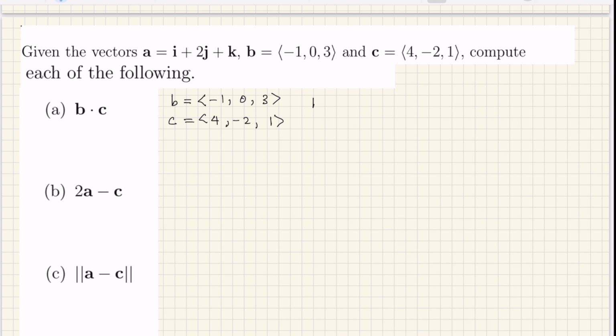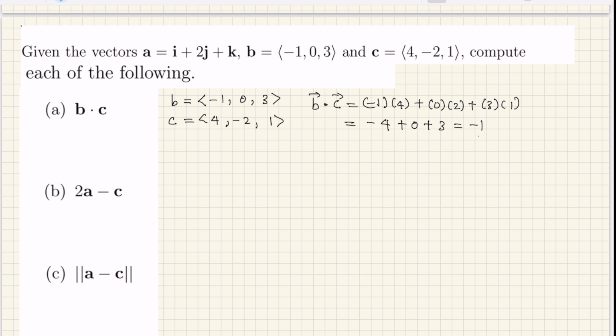The dot product of these two vectors is given by: we take -1 and multiply it by 4, then add 0 multiplied by -2, then add 3 multiplied by 1. If we simplify this, we have -4 plus 0 plus 3, which is -1. So you can see that when you take the dot product of two vectors, you get a scalar.